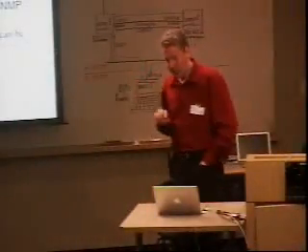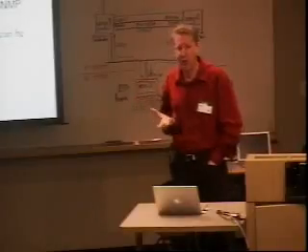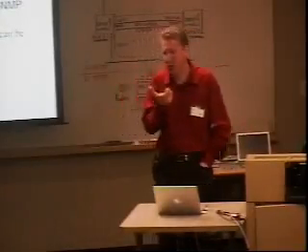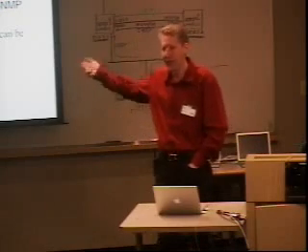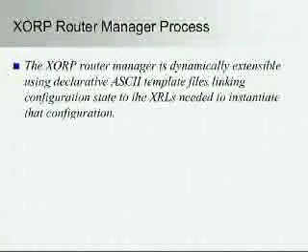But what this means is that we can build test harnesses by being able to call these XRLs from scripts. There's a little piece of C++ code called call XRL, which takes one of these on the command line. And you can basically script this stuff to do all that kind of testing.